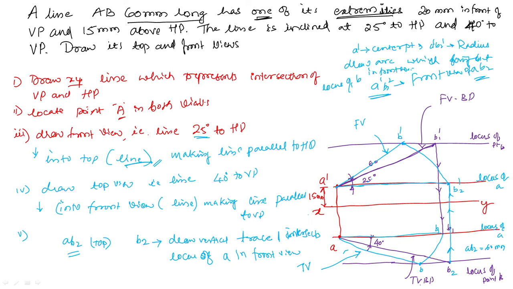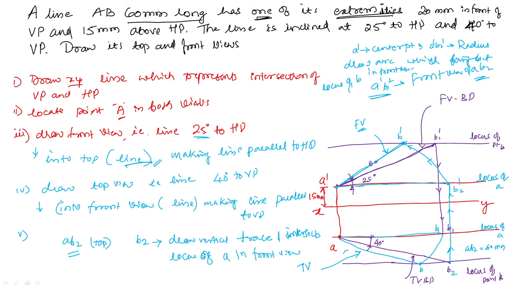If we consider this the center and this the radius, the arc intersects the locus of B at this point. This point is B dash. Now A dash B dash is the front view of the line. This is the true front view of the line.